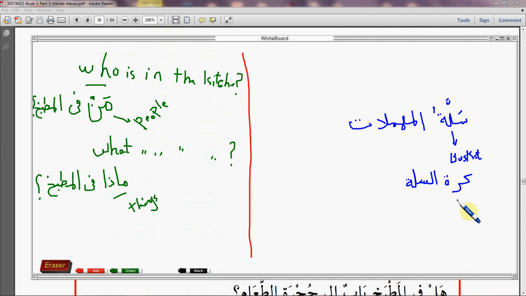So سلة means basket, and it comes in many different expressions, but always المهملات means rubbish. In general, سلة المهملات together means the bin. The two words together refer to the bin.